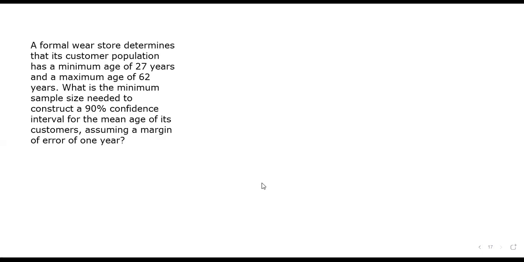We're calculating the minimum sample size, our N. N is equal to Z squared, S squared over E squared. What is our Z? 1.645, right?